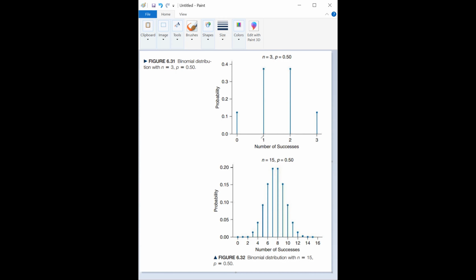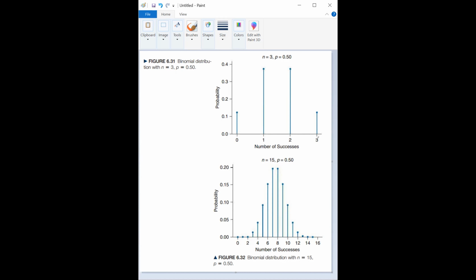You could get 1 head out of 3 results: head, tails, tails, or head, tails, head, or tails, tails, head. Those are all different ways that you could end up getting 1 success, 1 head out of 3 coin flips. And then this is 2 successes, 2 heads out of 3 coin flips.